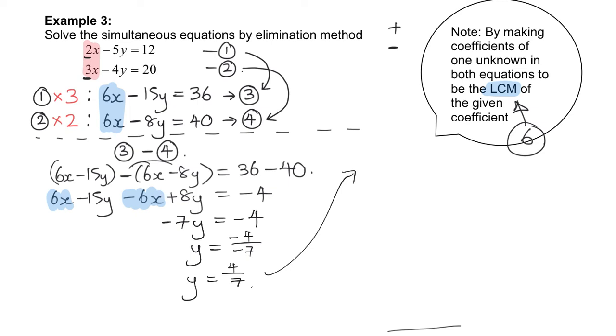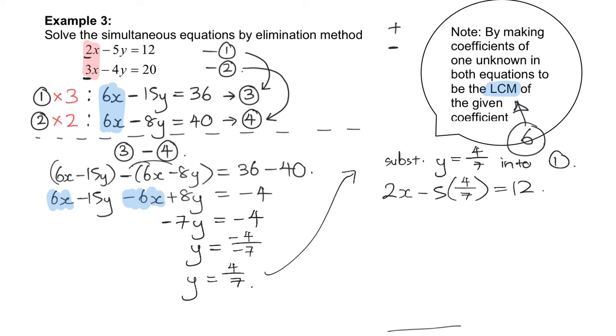Almost at the end. Now I'll substitute y equals 4 over 7 back into either of the equations to get the x value. So I'll substitute it into equation 1. Okay, so 2x minus 5 times 4 over 7 equals 12. 2x minus a mixed number of 2 and 6 over 7 equals 12. 2x is 12 plus 2 and 6 over 7.